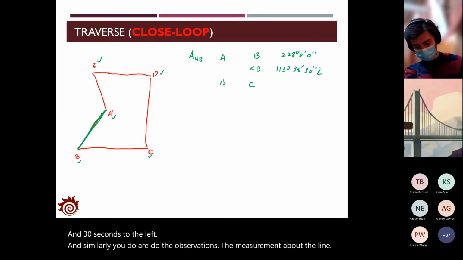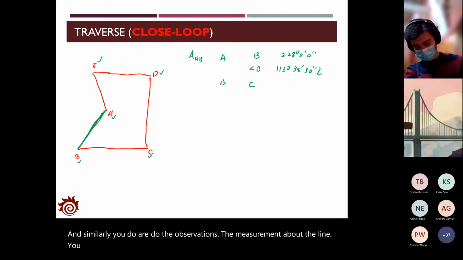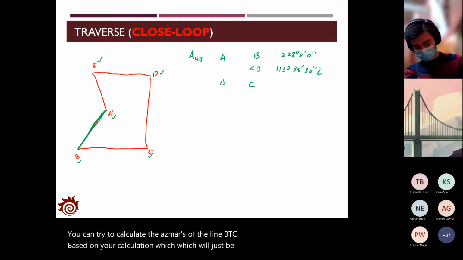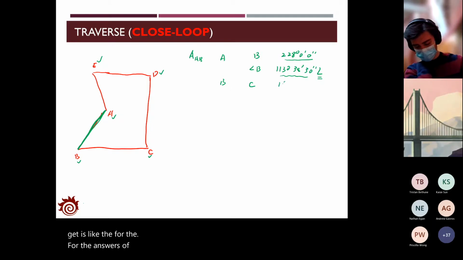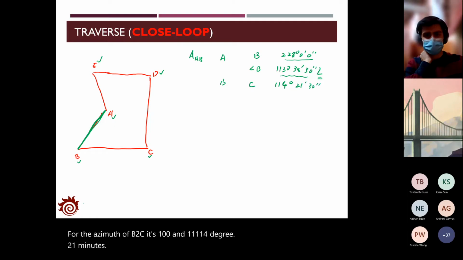You can then calculate the azimuth of the line B to C, which is the azimuth minus the deflection angle at point B, because this one is to the left. So the azimuth of B to C is 114 degrees, 21 minutes, and 30 seconds.